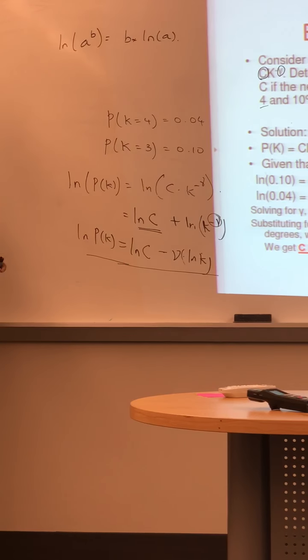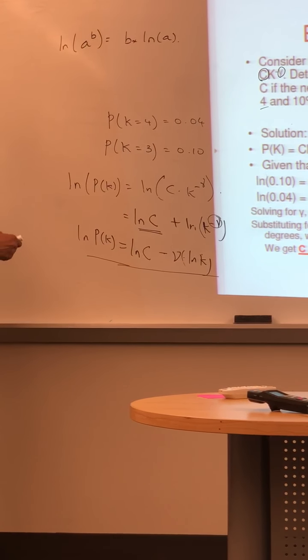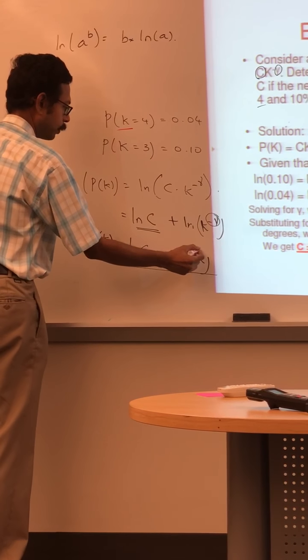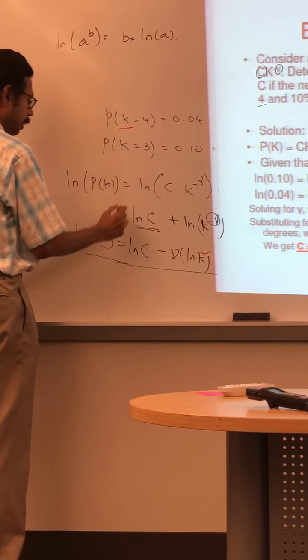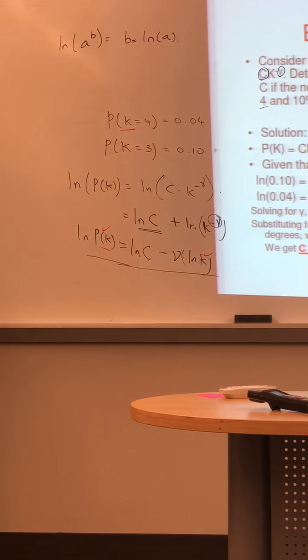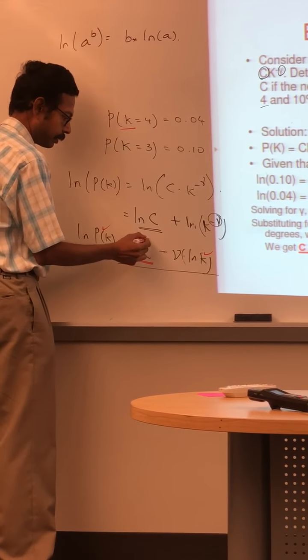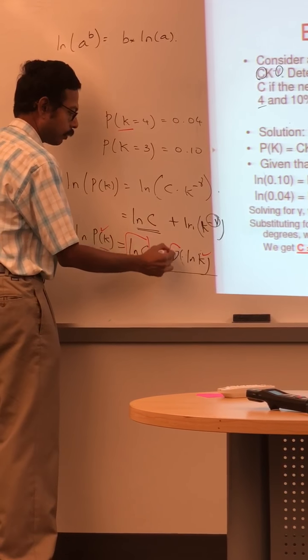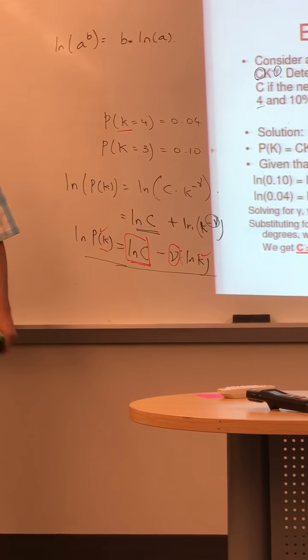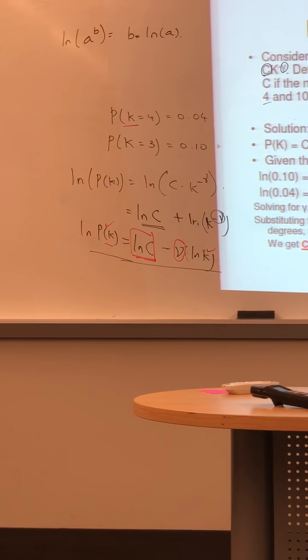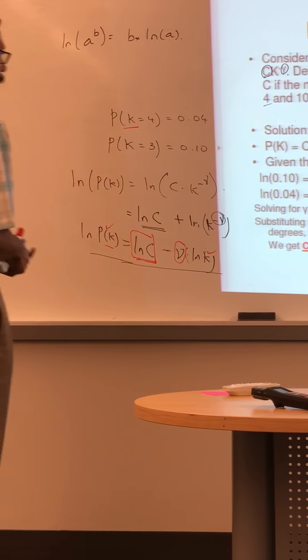Because we are given P of k for two different values of k. So k is known, P of k is known, and the only things we need to find are log C and gamma. It's like two equations, two unknowns, so solving two simultaneous equations. That's what I have done here.